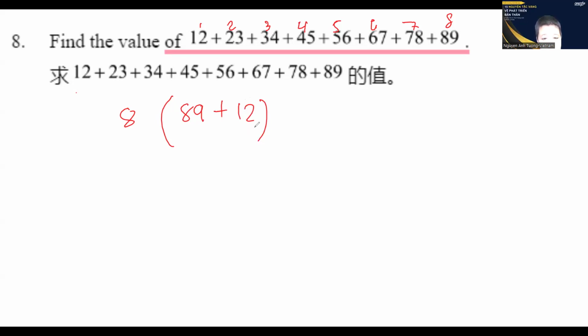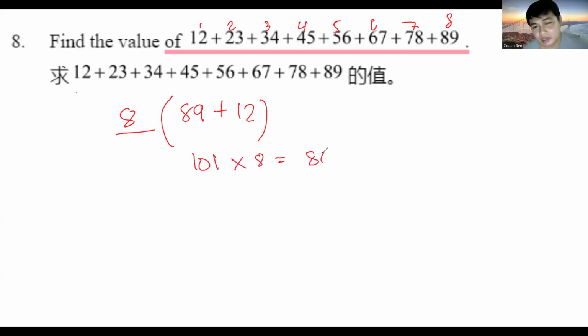And we multiply the number of numbers. Then we divide it by 2. 101 times 8, that's 808. Divided by 2, that's 404. Was this the final answer as well? Okay, 404.